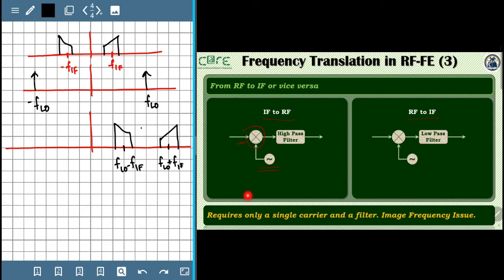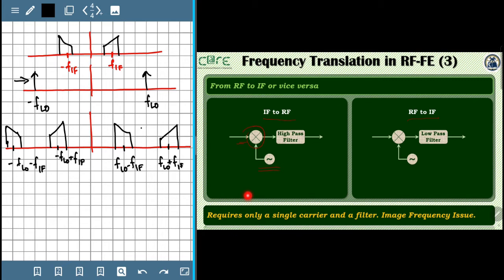Similarly, the contributions from the impulse on the negative F_LO side give a signal spectrum situated at minus F_LO minus F_IF, and it would look like this. And there will similarly be a signal at minus F_LO plus F_IF, that would look something like this.